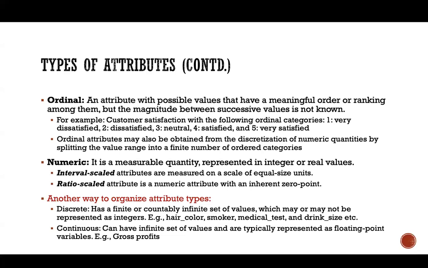Another way to organize attribute types would be to distinguish them as discrete and continuous. In discrete, we could have a finite set of values or a countably infinite set of values, right? For example, a finite set of values for an attribute could be the marital status of a customer.